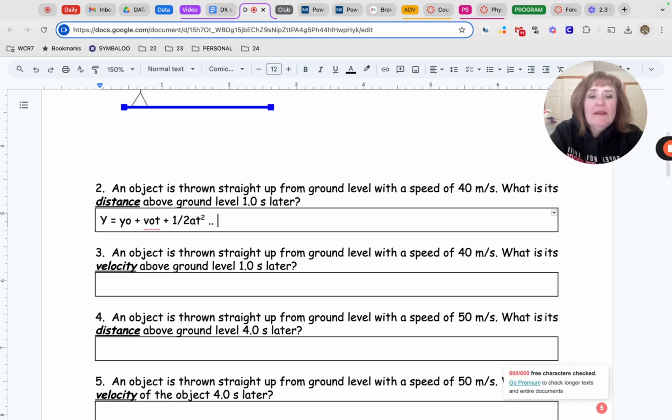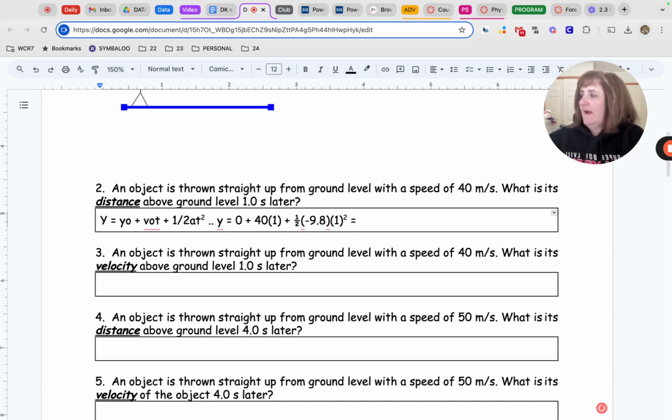Because we know y naught is 0, plus v naught, which is 40 times 1, plus 1/2 times a negative 9.8 times 1 squared.